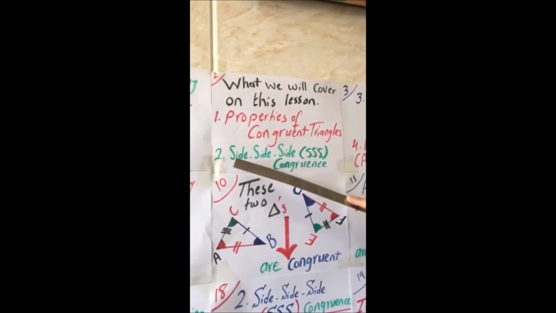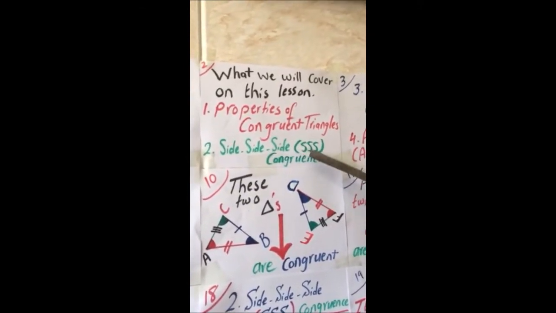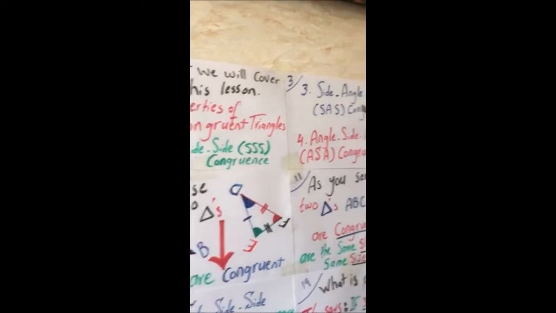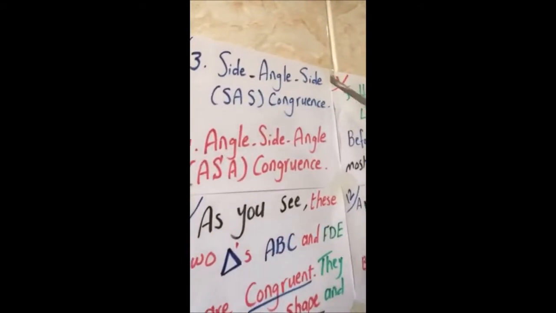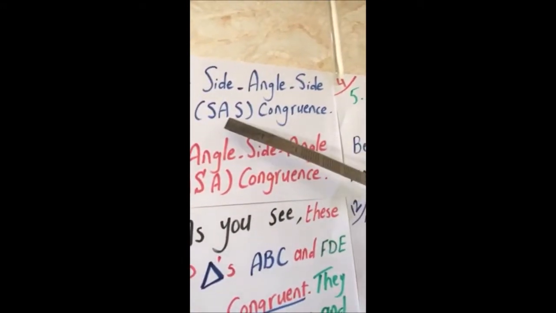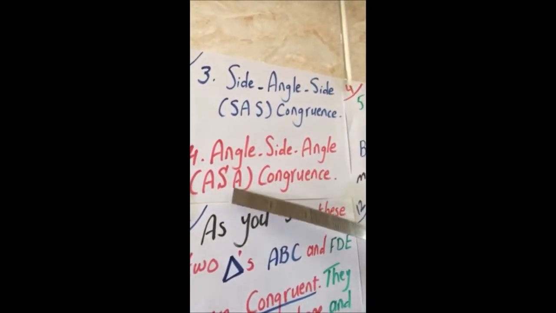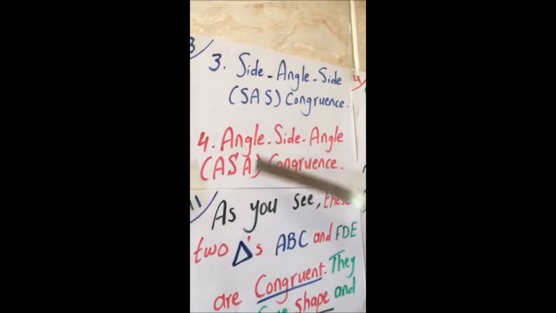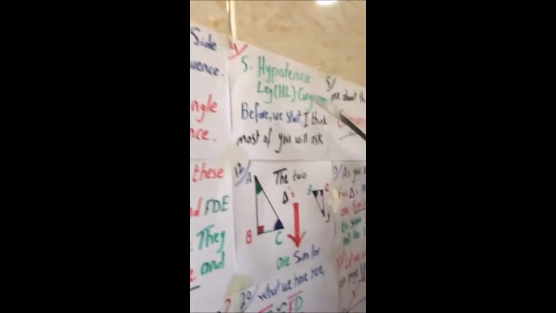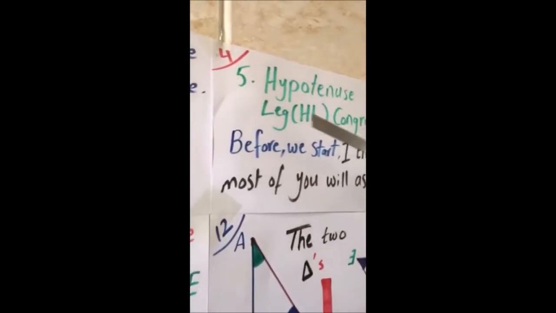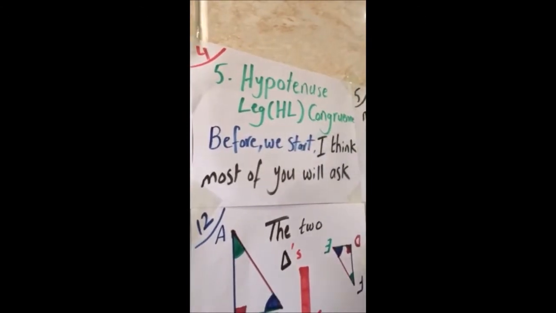Number 2, side, side, side, or SSS congruence. Number 3, side, angle, side, SAS, congruence. Number 4, angle, side, angle, ASA, congruence. And the last one, hypotenuse, leg, HL, congruence.